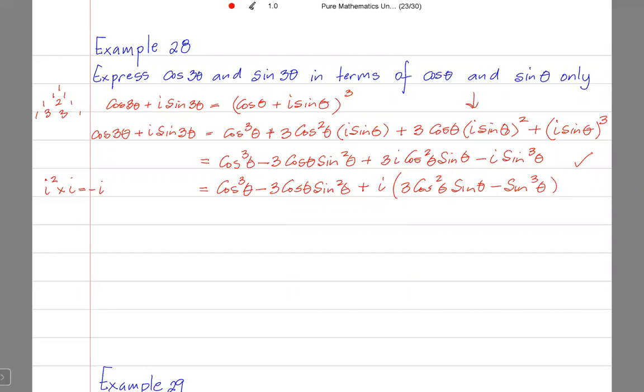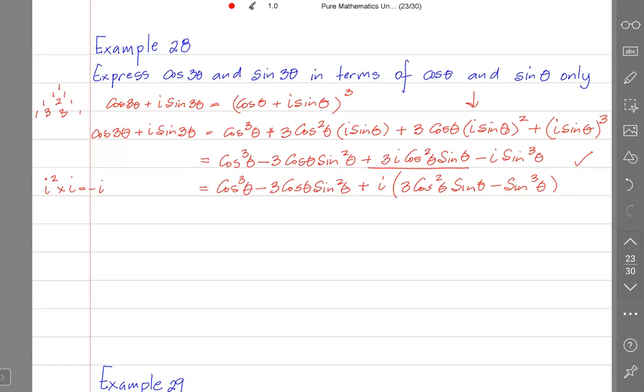Remember, you start off with 3 cos squared theta times i sine theta. i is not squared right there. So how did it become negative? You know, it isn't negative. See it here and it's positive. So it is actually this. Oh, that is what I was looking for. Also, you put that one before. Yes, that's all I did. Okay. All right.